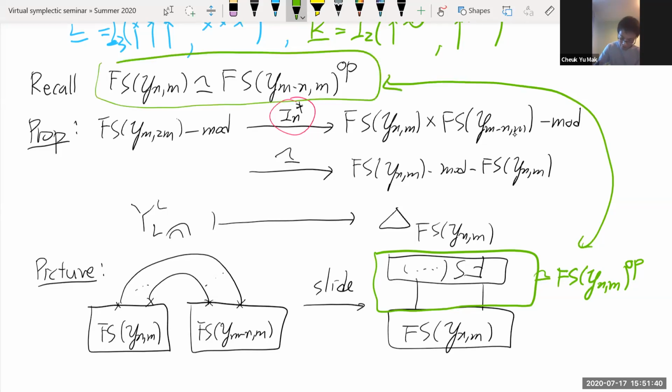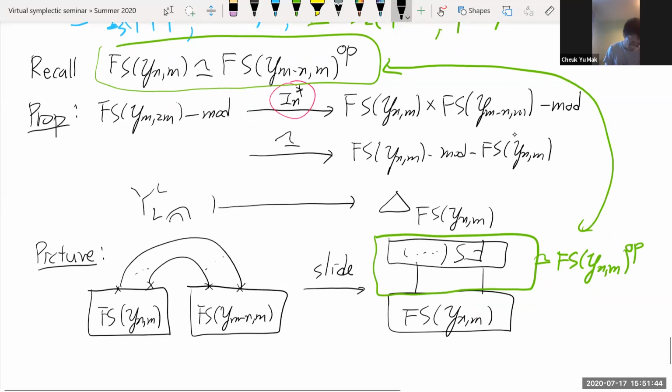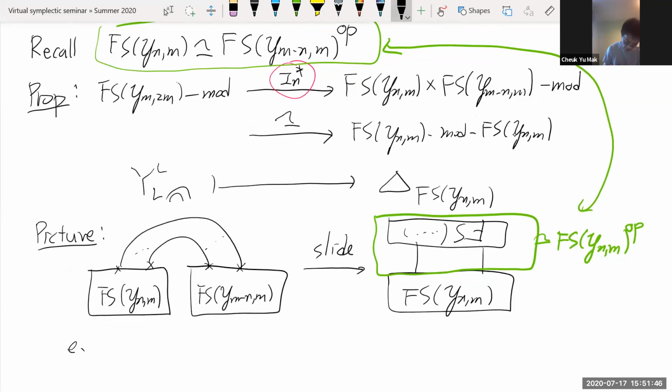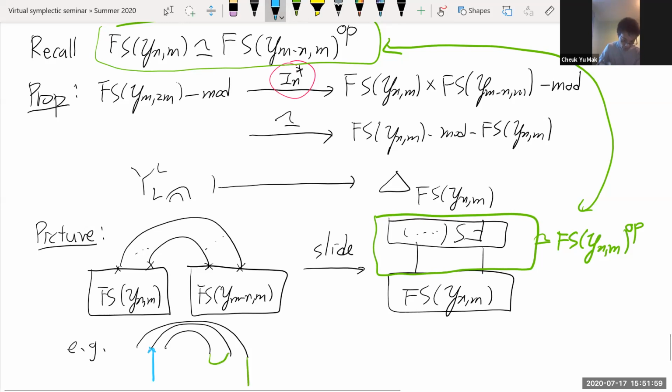So let me give an example. If I consider this picture, the blue one is inside Y13, and the green one is lying inside Y23.